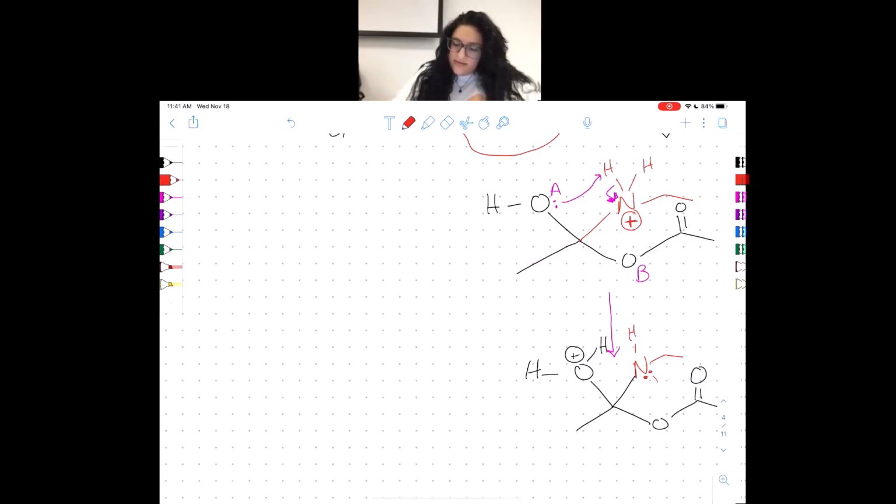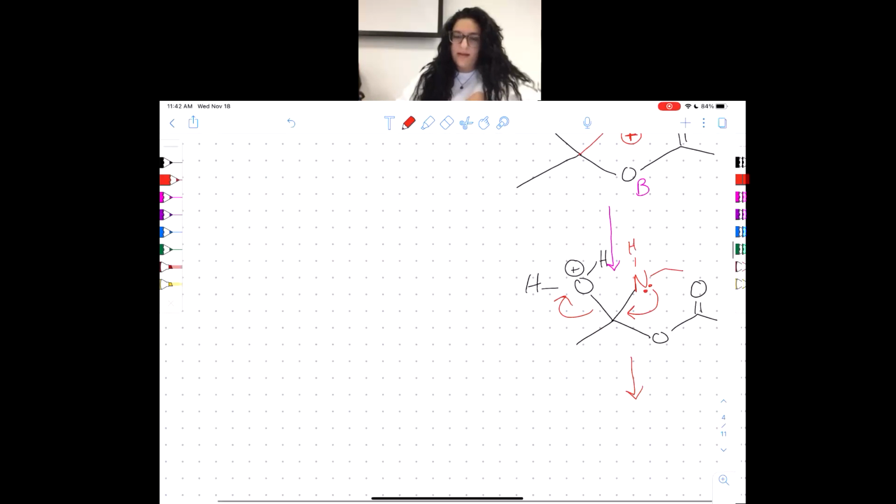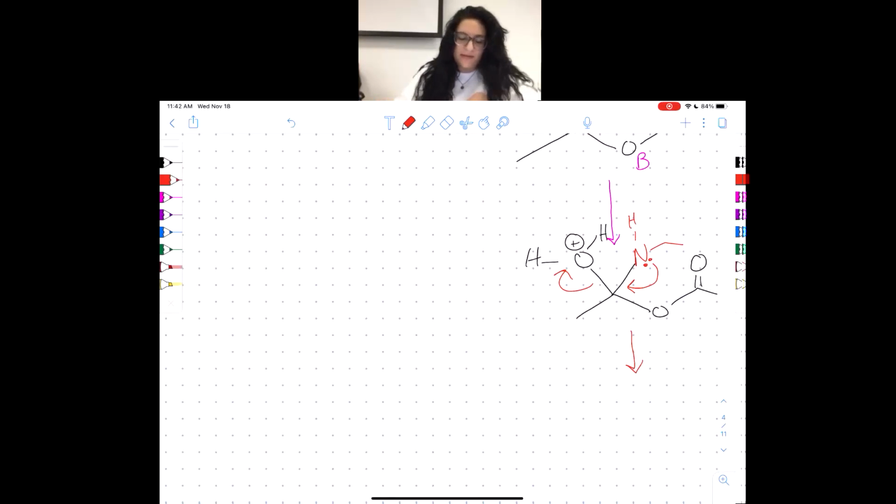So if these electrons come down, kick off the leaving group, now we get, and I know I'm drawing it in a weird way, but there's a method, now we have this thing. How do we feel about this thing?